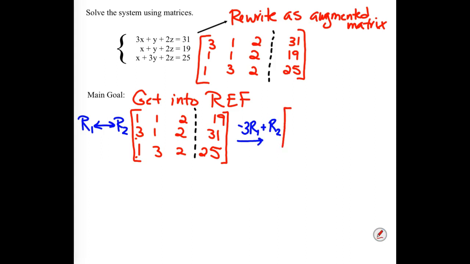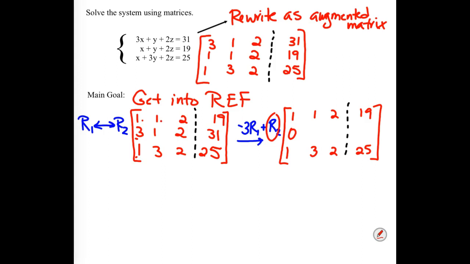All right, the new matrix I get. First of all, which row are we changing? Row 2. All right, so my first row stays the same. My third row stays the same. And we are going to change row 2. All right, so negative 3 times the 1 is negative 3. Adding it to that 3 gets me a 0.